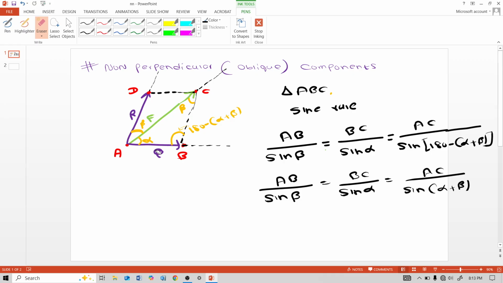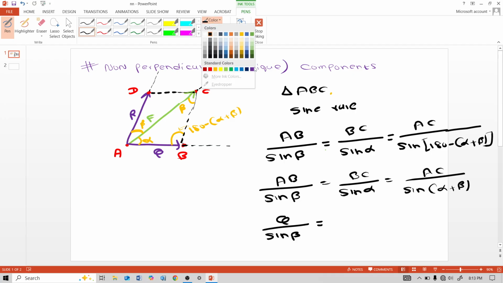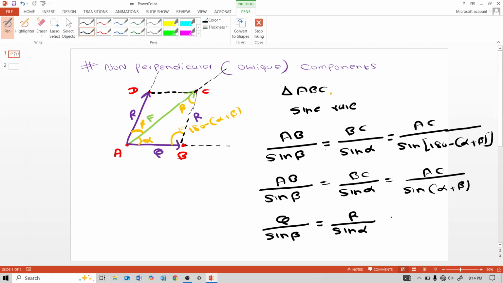Now see, AB is nothing but Q, the oblique component of force F, so Q upon sine beta. BC and AD are parallel, so they are the same. That means this will also be R, also an oblique component of force F. So R upon sine alpha, and AC is that force F acting at point A, upon sine of (alpha plus beta).